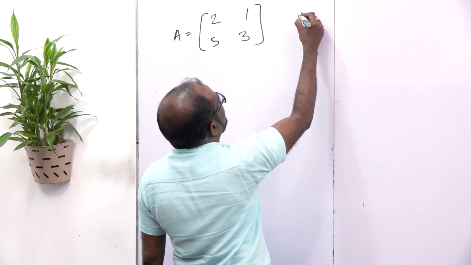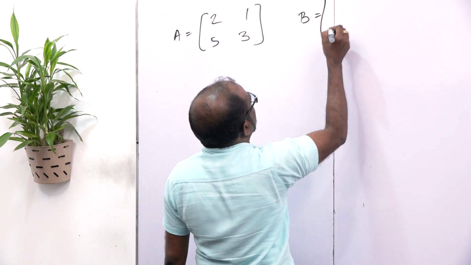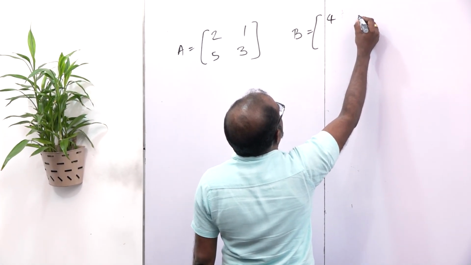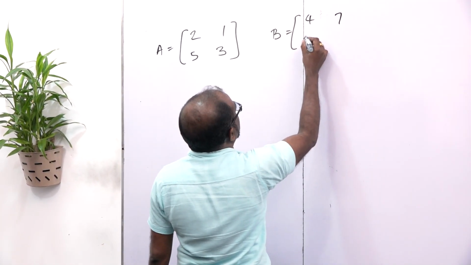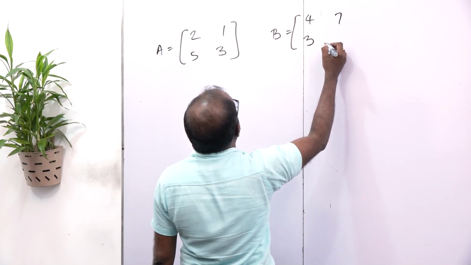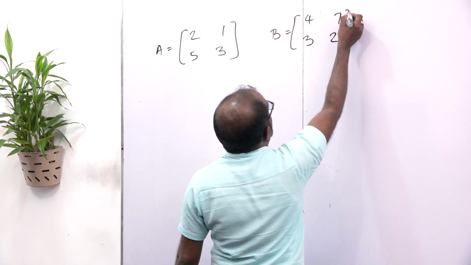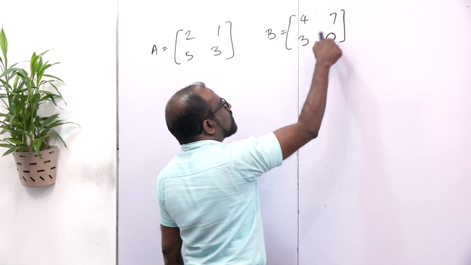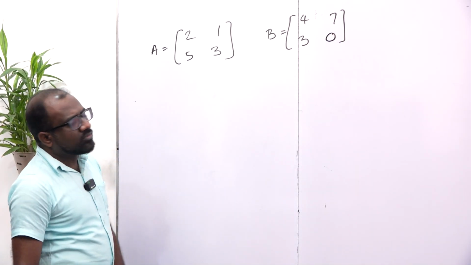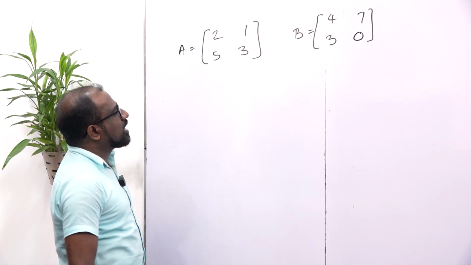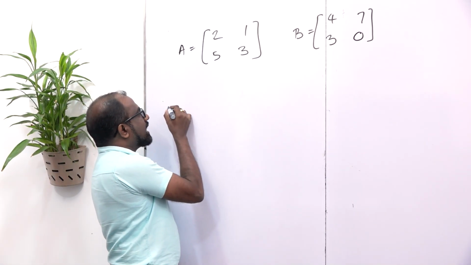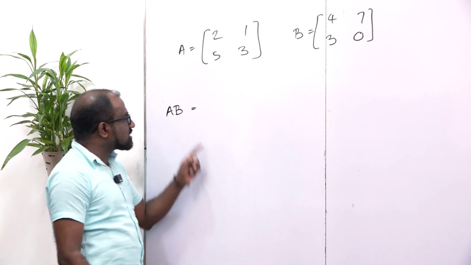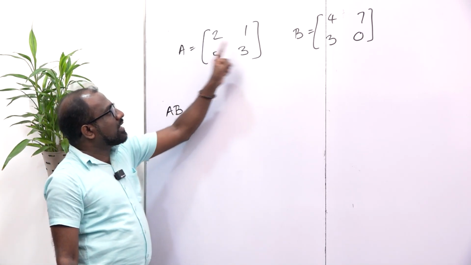Then matrix B: 4 7 3 2, it doesn't matter, and 0. So we'll take two matrices like this. We are going to produce the matrix product AB, A multiplied by B.